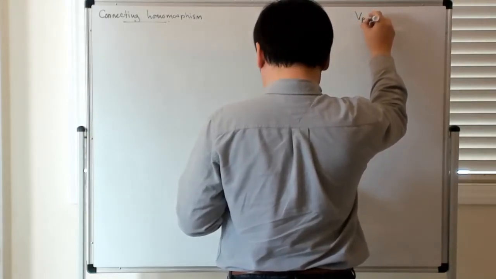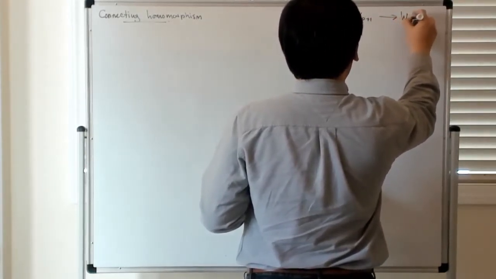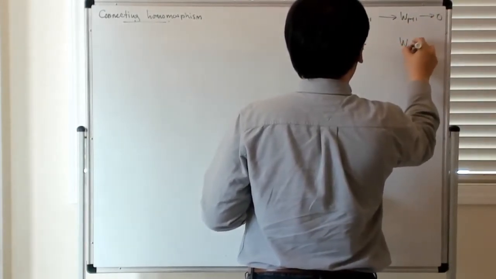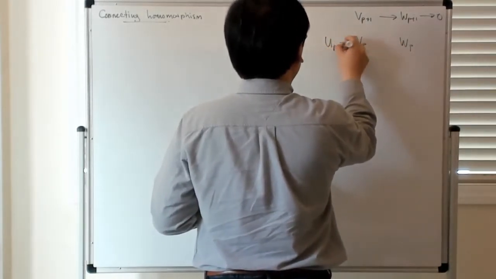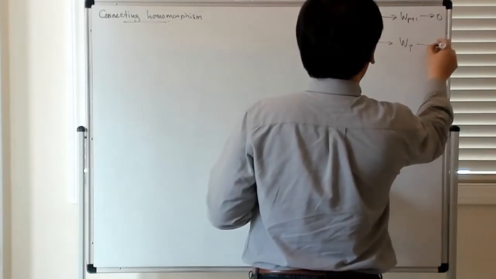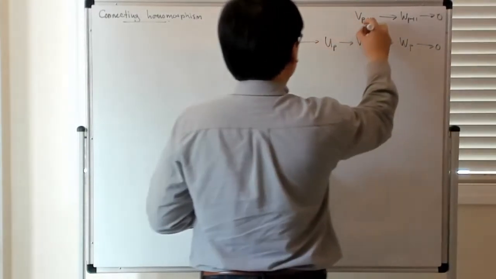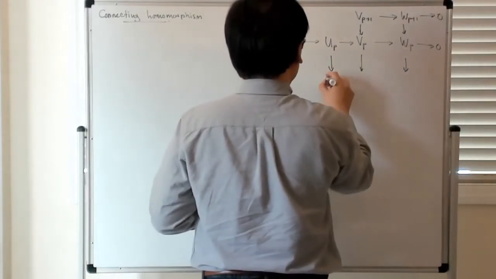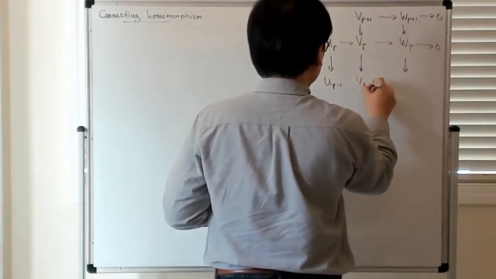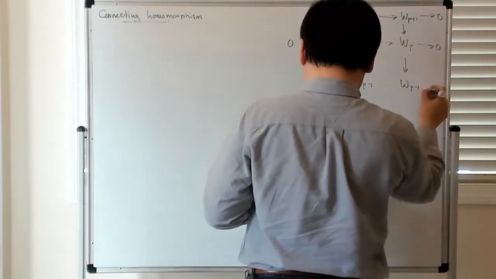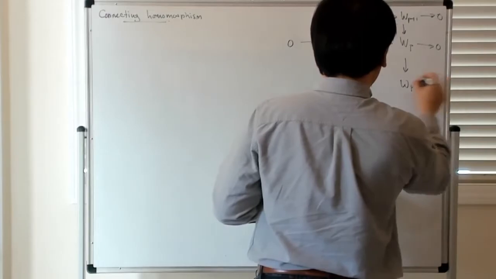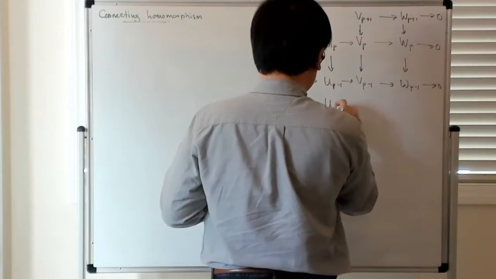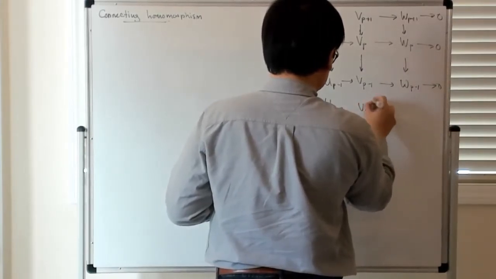So V_{p+1} to W_{p+1}, right? And then V_p, W_p, U_p here. Then U_{p-1}, V_{p-1}, W_{p-1}. And then U_{p-2}, V_{p-2}.